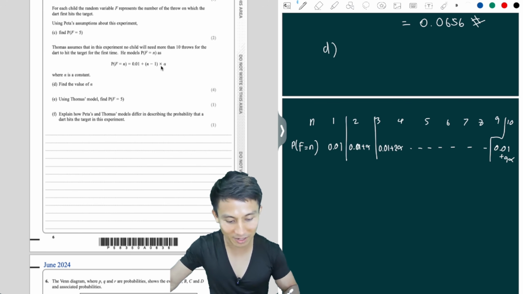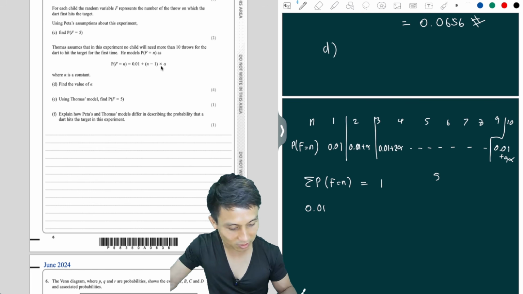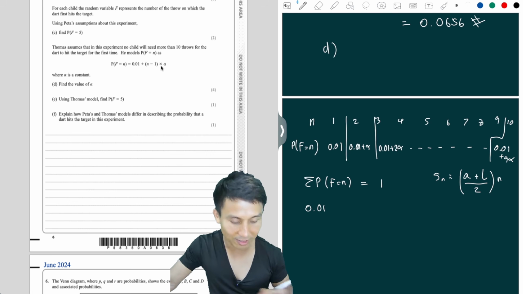So we want to find the sum of all probabilities here, P(F = n), which should be equal to 1. We can use the first term plus the last term, divided by 2, multiplied by n.